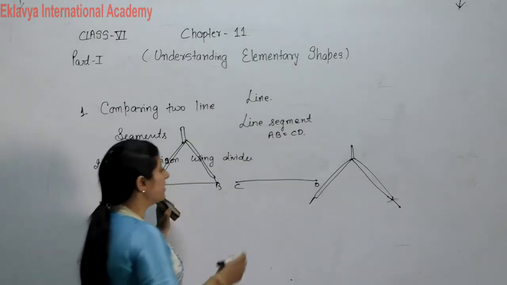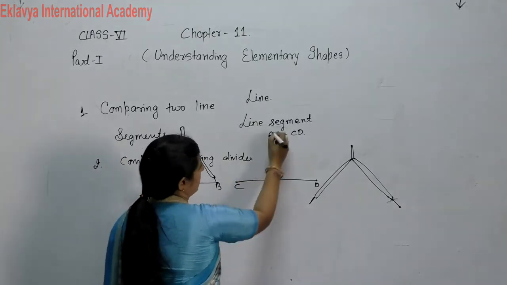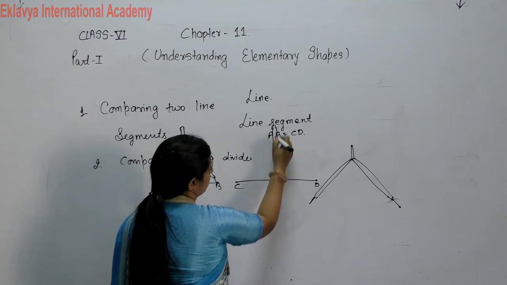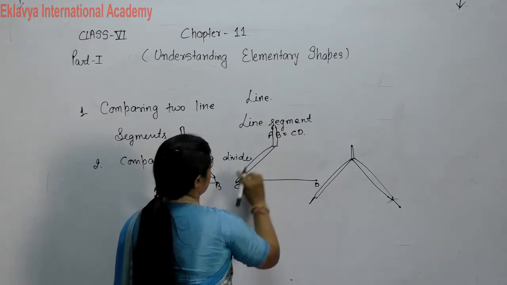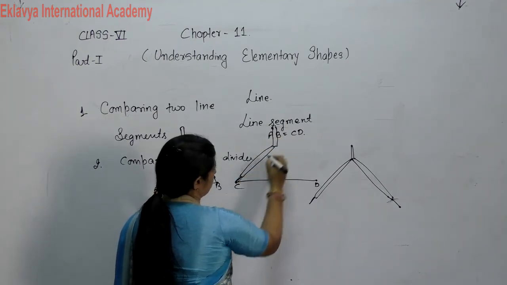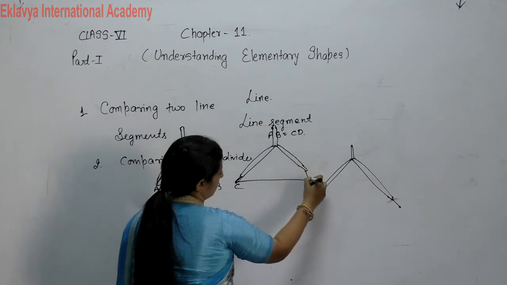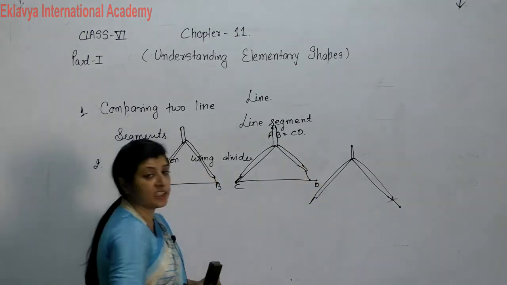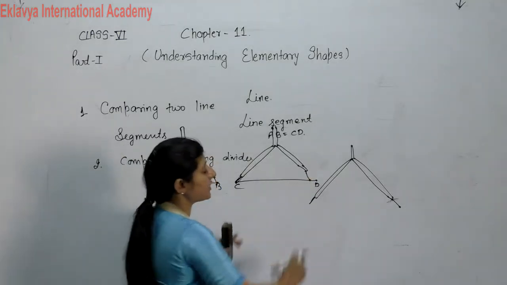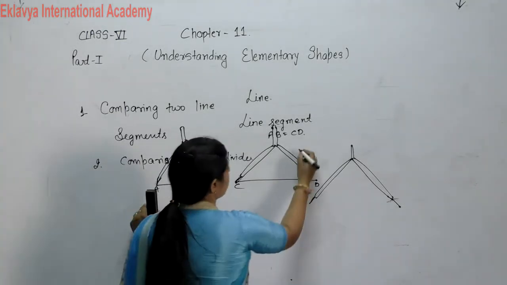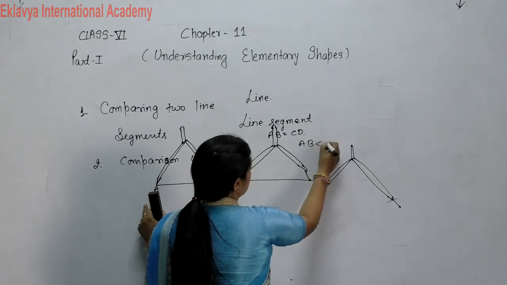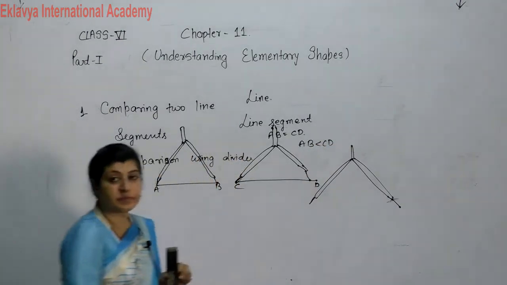Suppose the divider ends here, but your line segment still continues. It means we can say AB is less than CD.